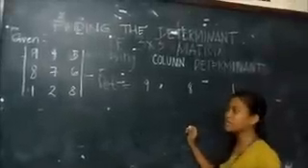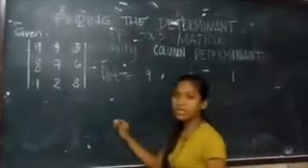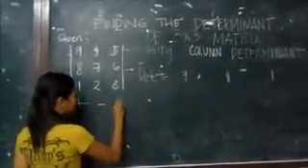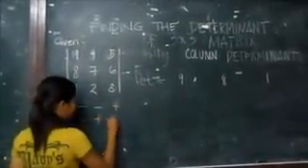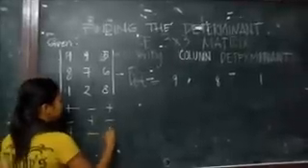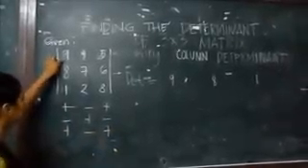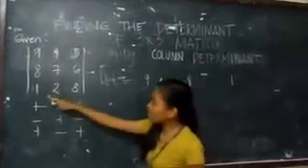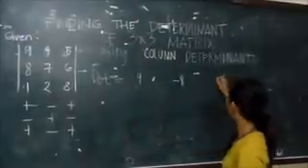For us to know the right sign, we will be using the checkerboard, which is positive, negative, positive, negative, positive, negative, positive. Since 9 is positive, 9 here is positive. Then 8 times negative 1 is negative 8, and 1 times positive 1 is positive 1.